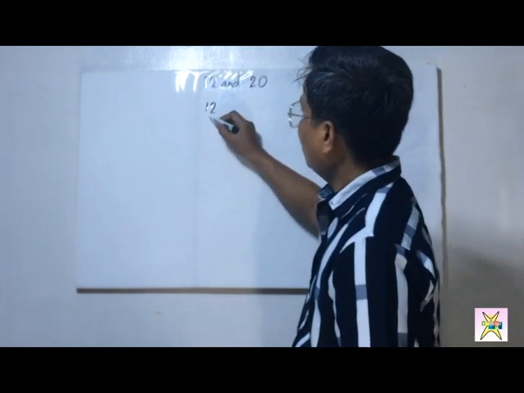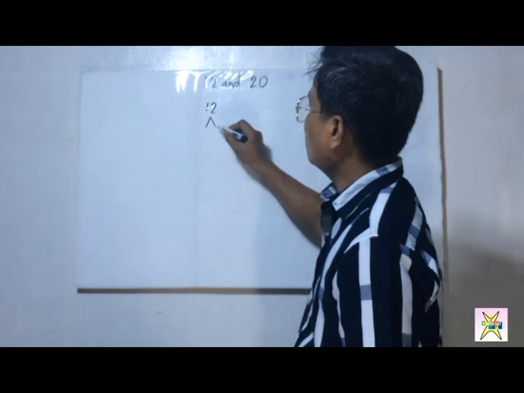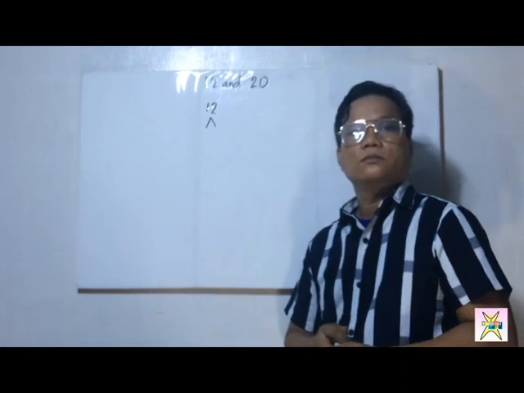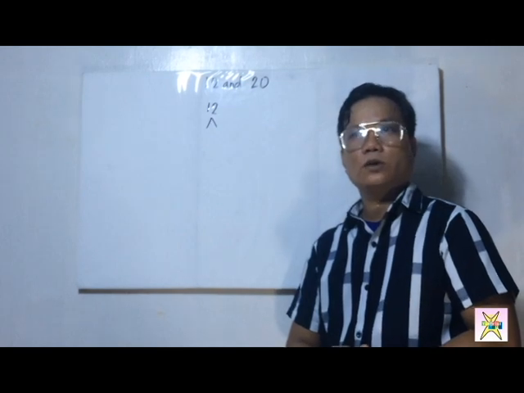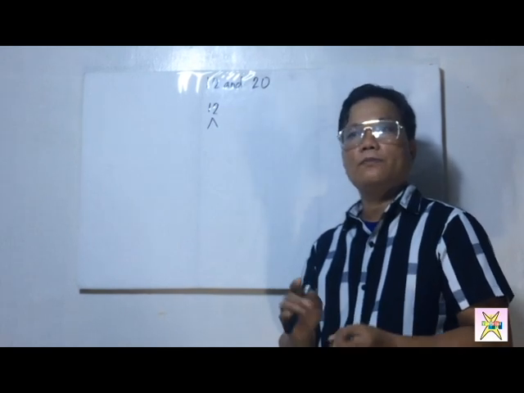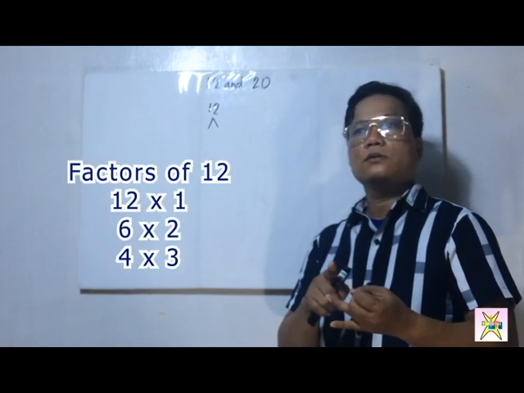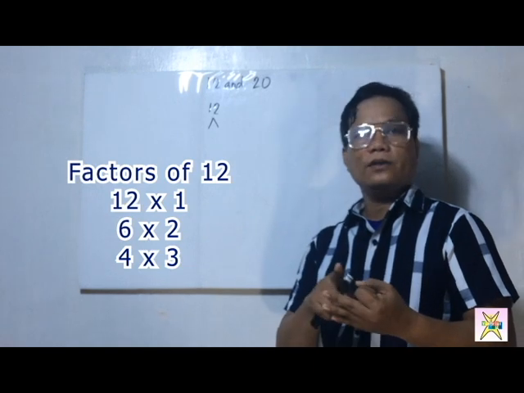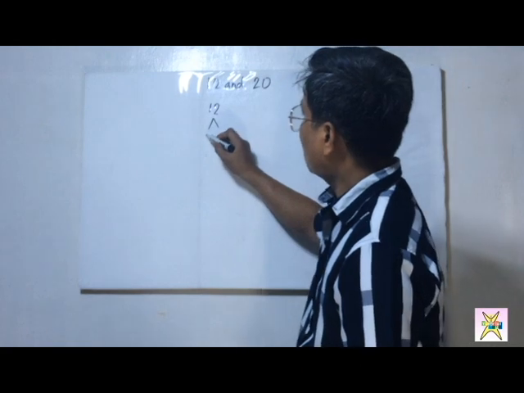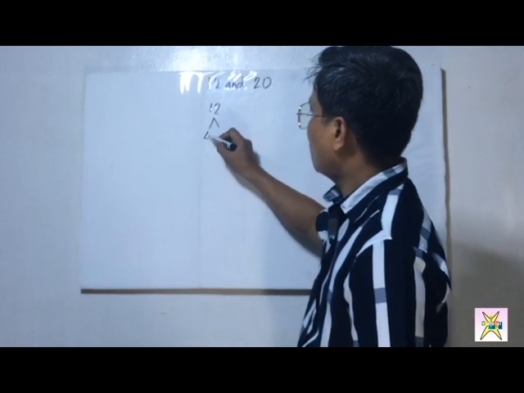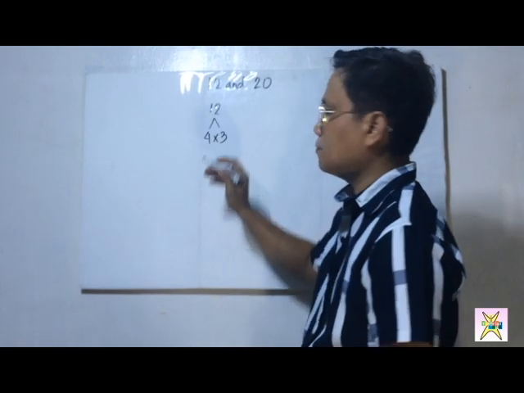So we need to split 12 into 2. What are the factors of 12? There are a lot of factors of 12. We have 12 times 1, 6 times 2, and 4 times 3. Suppose I choose 4 times 3.